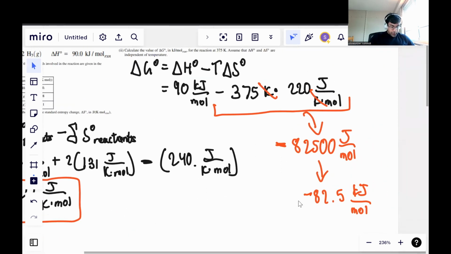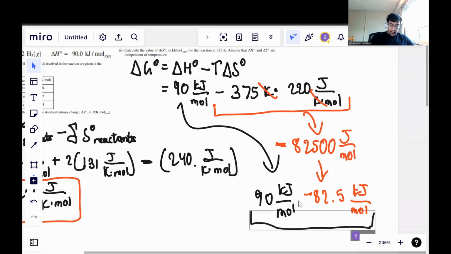Now, we take our 90 kilojoules per mole, and we subtract the 82.5 kilojoules per mole from our entropy change, then we get a total free energy change of 7.5 kilojoules per mole. And that would be the answer to this question.